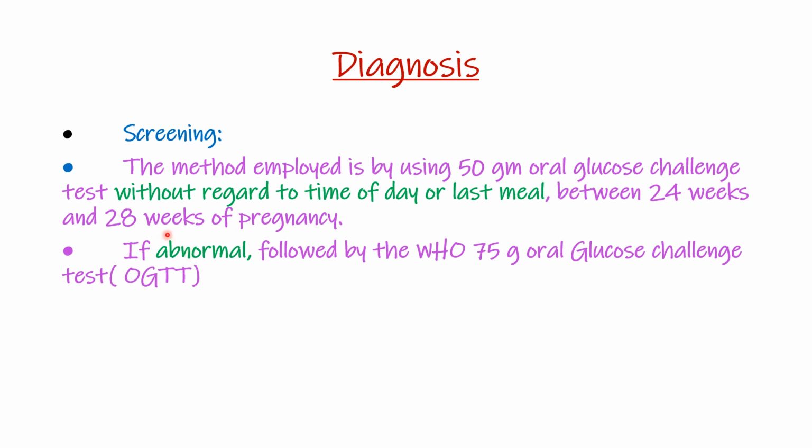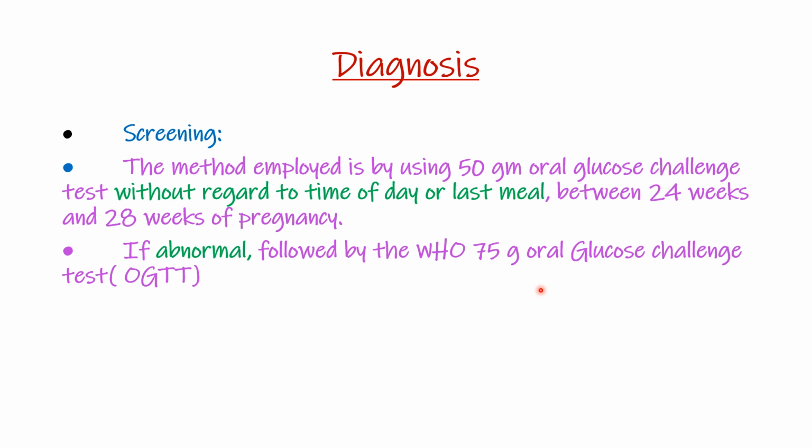The two step is where you give 50 grams of oral glucose challenge without regard to time. Kindly note in the other one, you had to give the patient after they have fasted 8 hours overnight. So without regard to any time of the day or last meal, between 24 and 28 weeks. If the 50 grams oral glucose challenge is abnormal, then you give 75 grams of oral glucose challenge to detect if you have gestational diabetes or not.